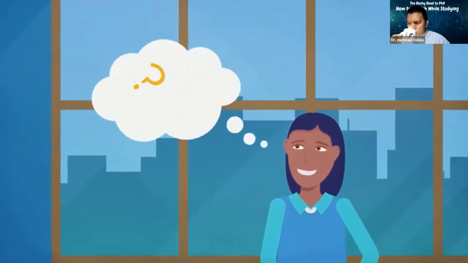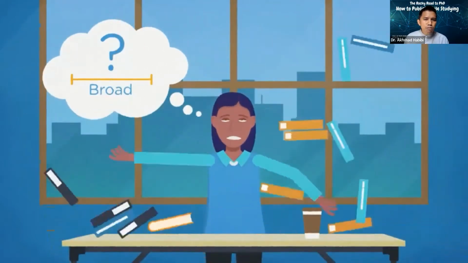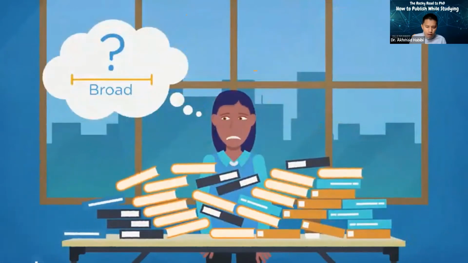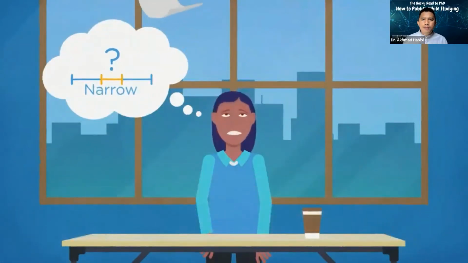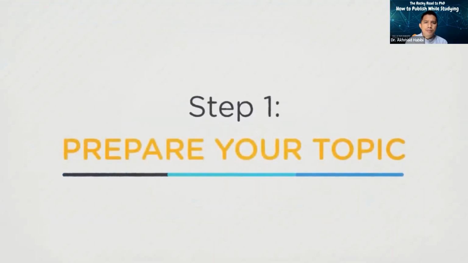First, make sure you're asking your questions in the right way. It's possible your questions are too broad. So many people have tried to answer your questions in so many ways that you'll never gather all of the evidence. Or maybe your questions are too narrow, and there's no research or not enough research to synthesize. That's why the first step of a systematic review is to prepare your topic.